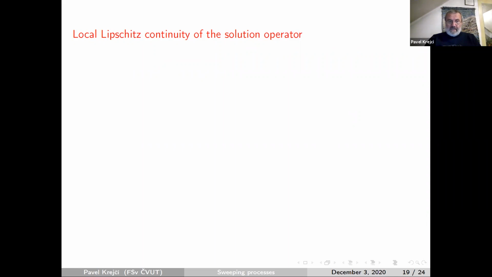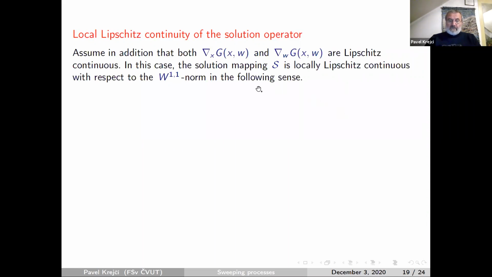And in even smoother cases, we have a local Lipschitz continuity of the solution operator. Not only are the gradients continuous, but if the partial gradients of the gauge G with respect to x and with respect to w are both Lipschitz continuous, then the solution mapping is locally Lipschitz continuous with respect to the W^{1,1} norm.